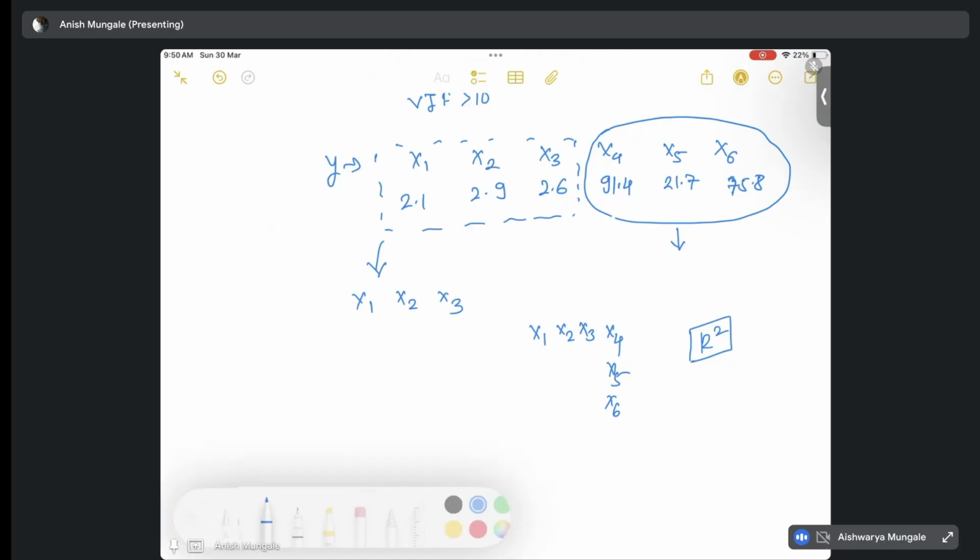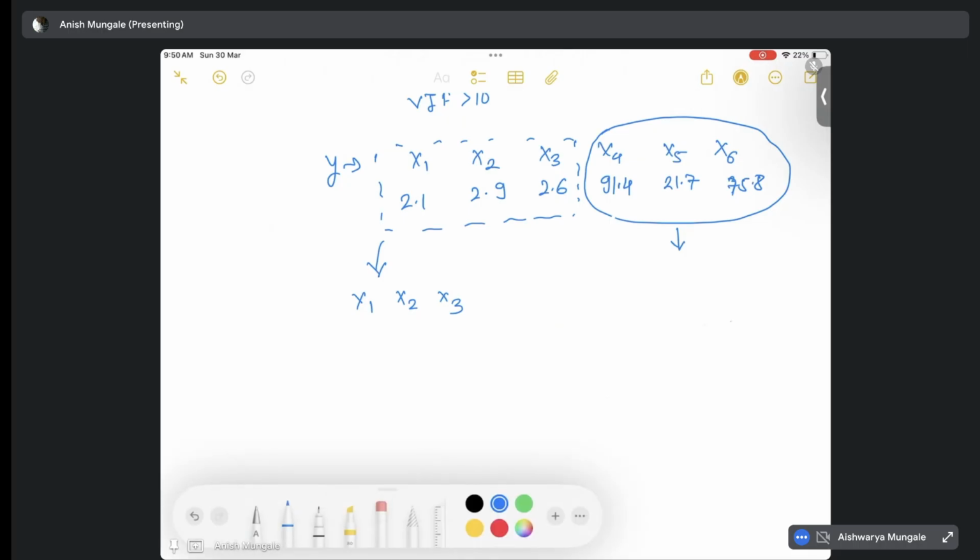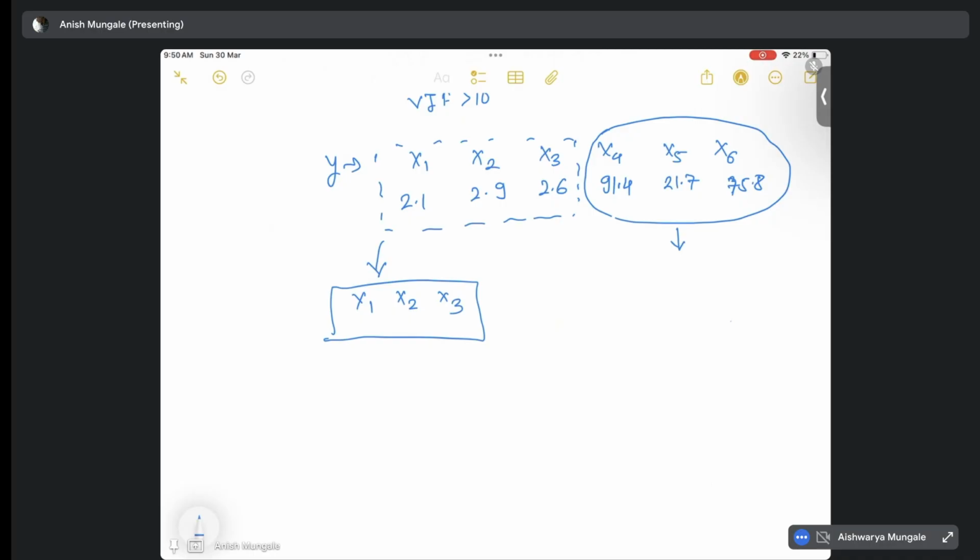There is another way to do it. Instead of directly going for this, you already have selected these three. Don't touch it, don't do anything about it. Now here again, find the subsets and make the models. So for example, x4 with x5, x6.